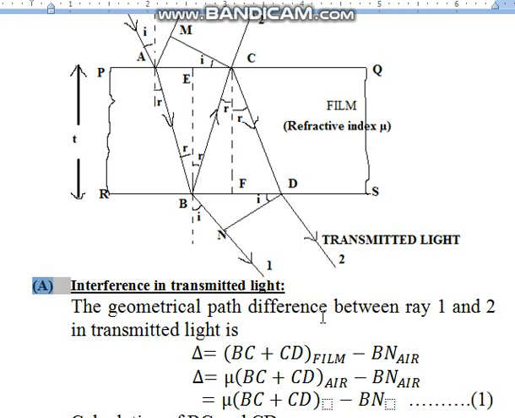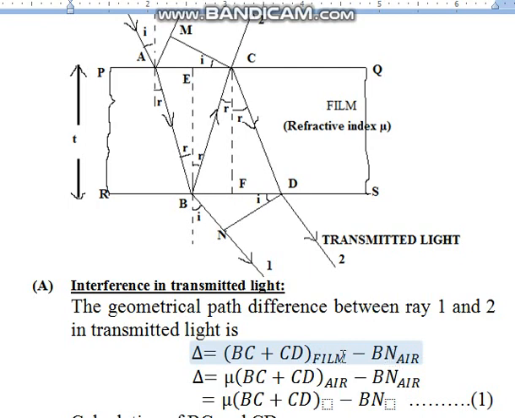The geometrical path difference between ray 1 and 2 in the transmitted light is BC plus CD, which is the path difference in the film, minus BN, which is the path difference in air. In this way we are able to calculate the path difference, but they both have different meaning.